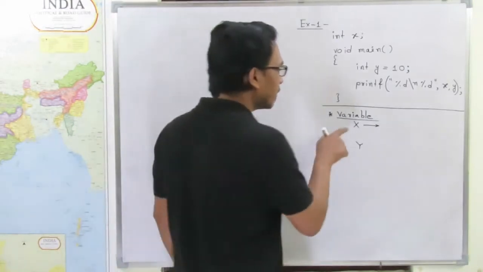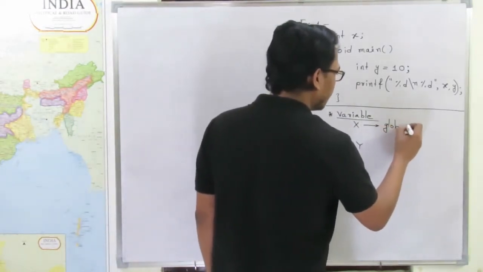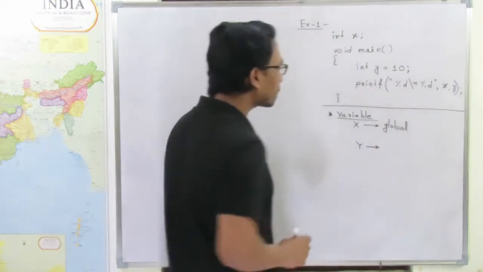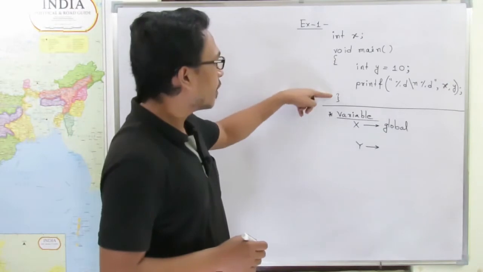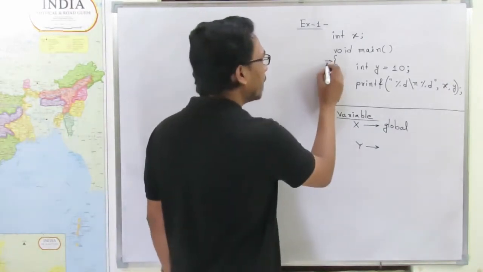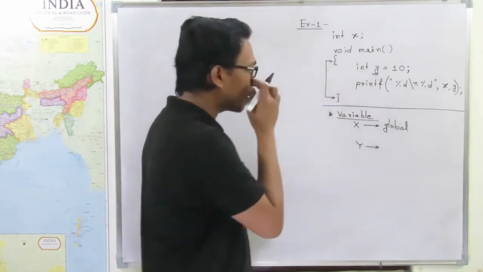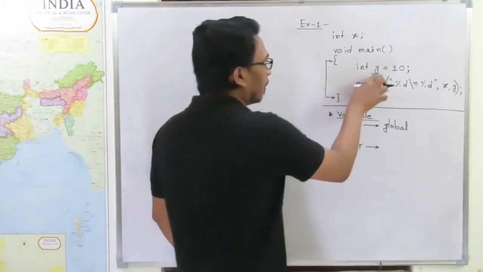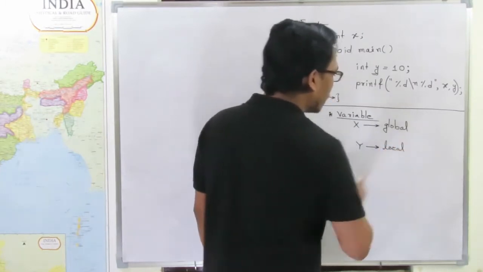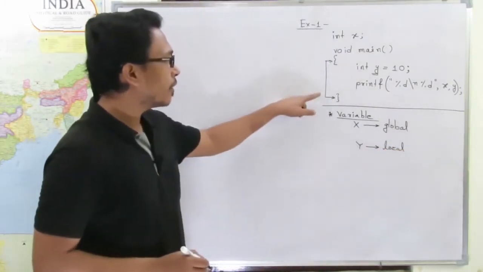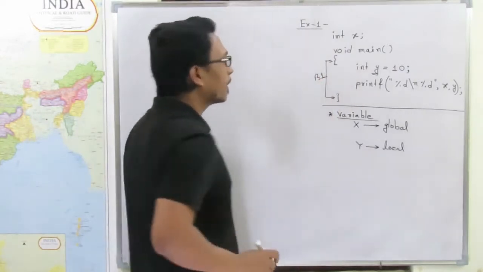That means the variable x is a global variable, and y is defined inside this particular block. That means y is a local variable, local with respect to this block. Let's say the block name is B1.